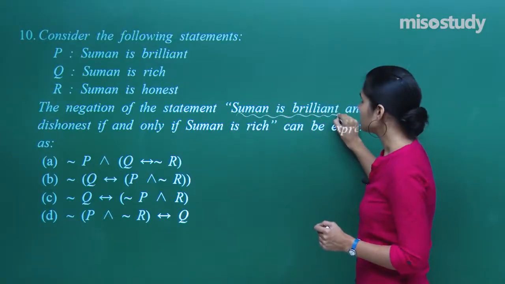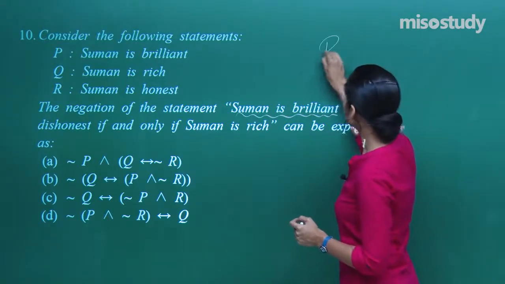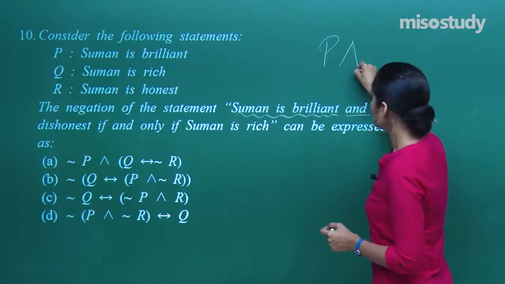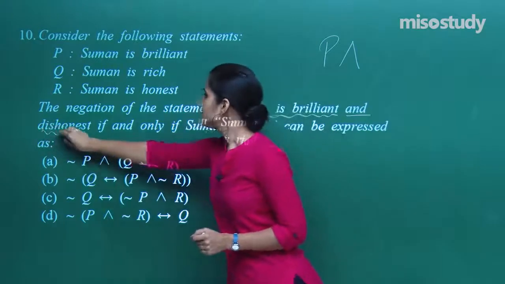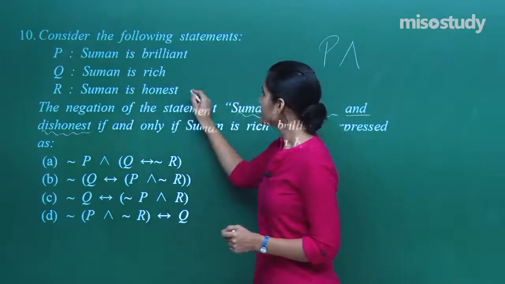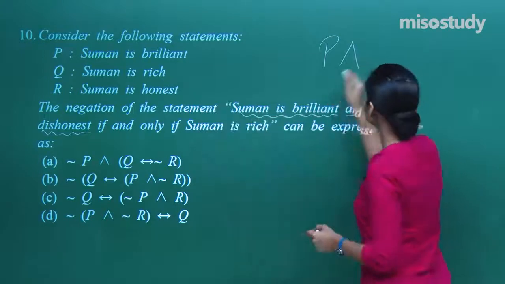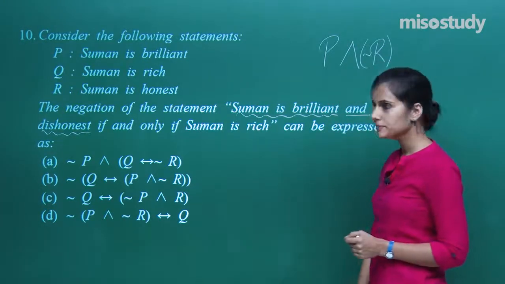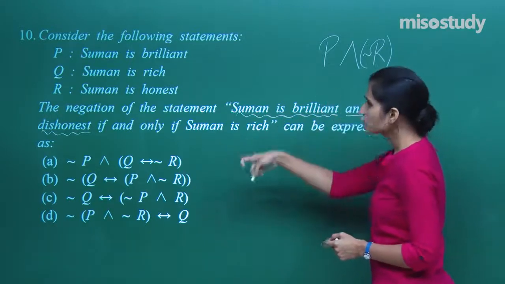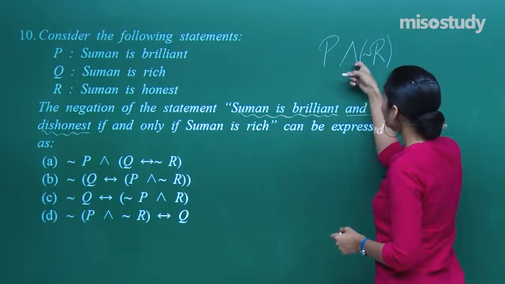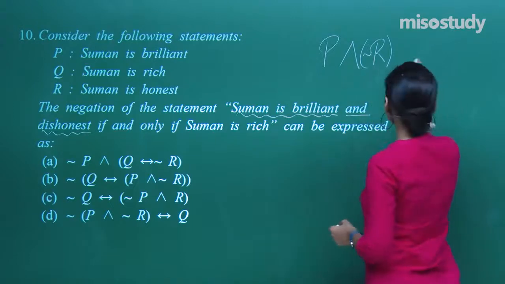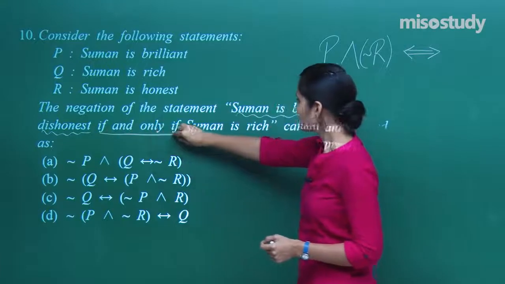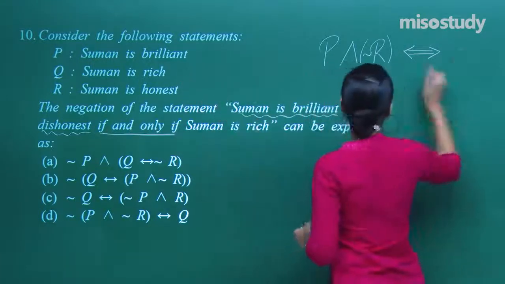Suman is brilliant is P, and Suman is honest is R, so Suman is dishonest will be negation of R. Suman is brilliant and Suman is dishonest, that means P and not R. If and only if, so this is double implication. Suman is rich is Q.